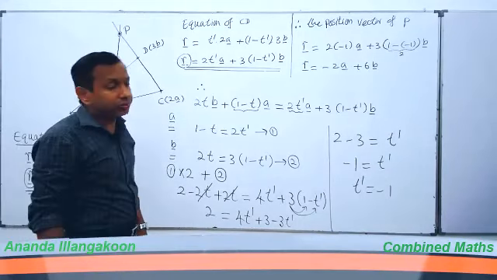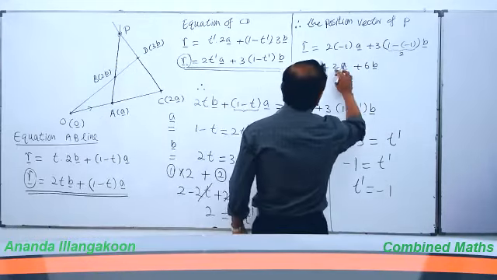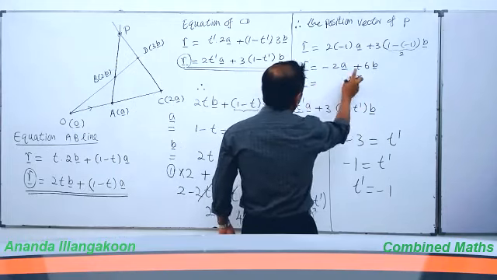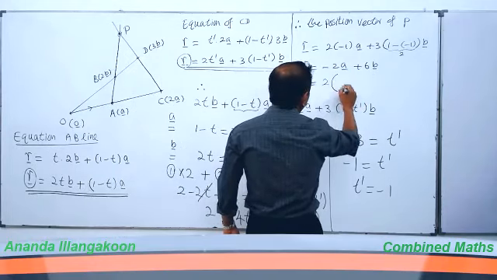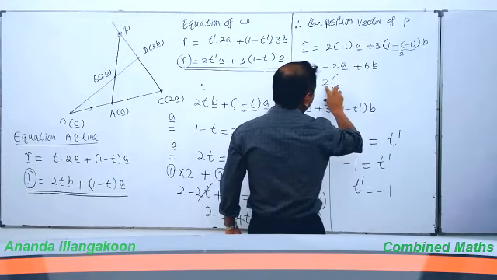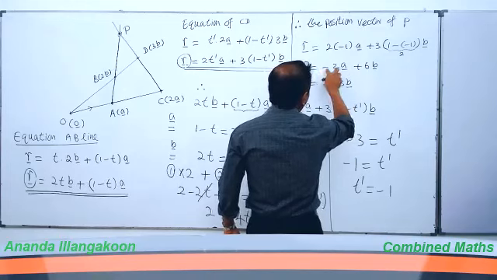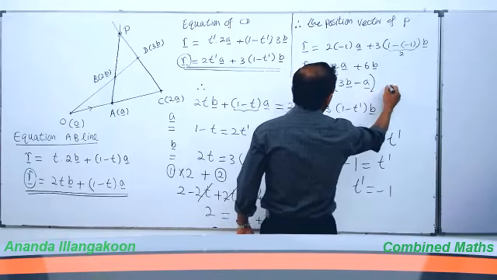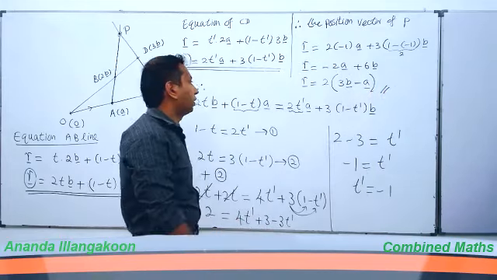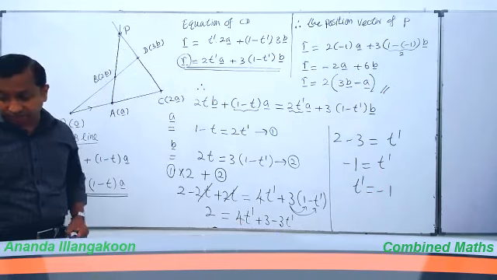People, take 2 out. 2 is common for this and this, no? This 6 we have divided by 2, no? Then we get 3b. Take this 2 out, we get minus 3. So this is how we find the position vector of the point P. That is the asked answer.